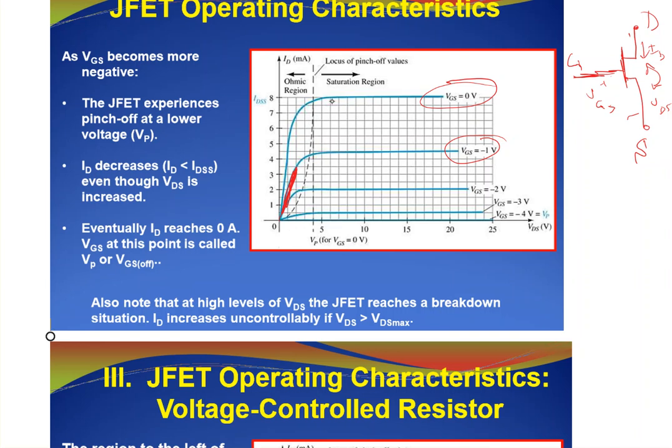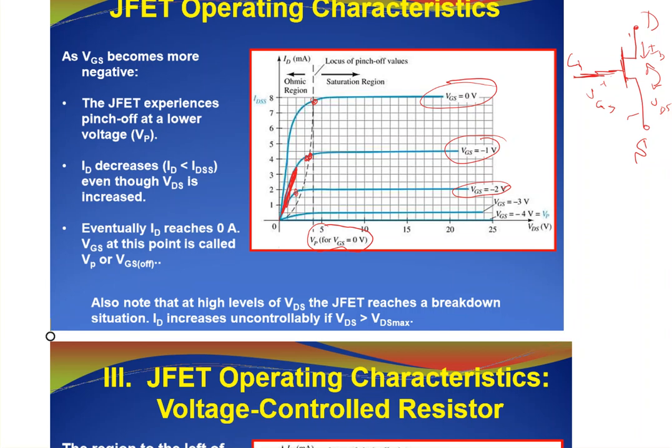For our case, the pinch off voltage was, let's say, 5 volts for VGS equal to 0. For VGS equal to -1 it could be around 4.5, and for VGS equal to -2 it could be only 3 volts, and so on.